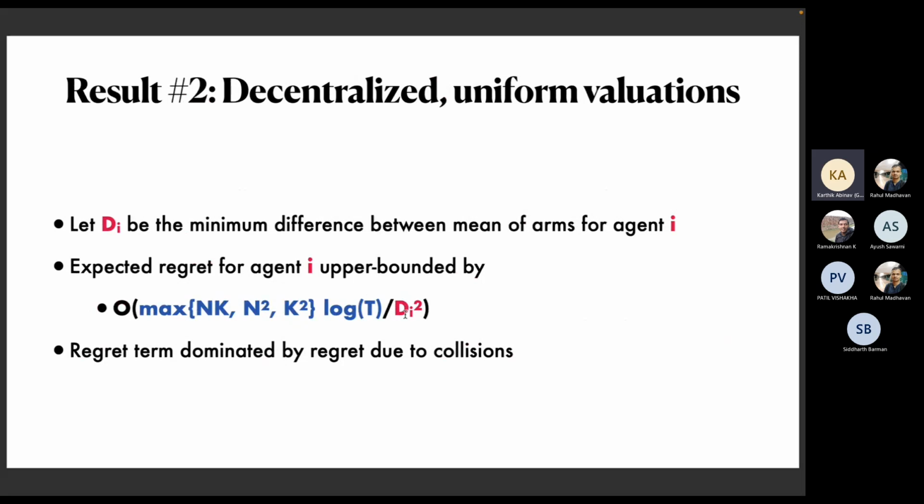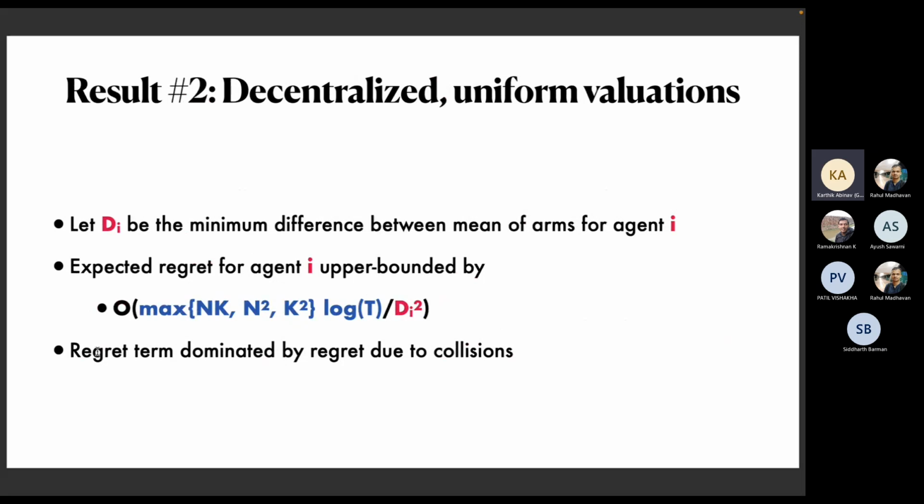That dependence is log T over gap squared instead of gap, and this is the best possible. You can set up simple two-agent, two-arm examples, and you can't do better than gap squared information-theoretically. So in some sense, this is optimal in all parameters. Of course, to get this, we have to place a strong assumption on preference, but up to that.